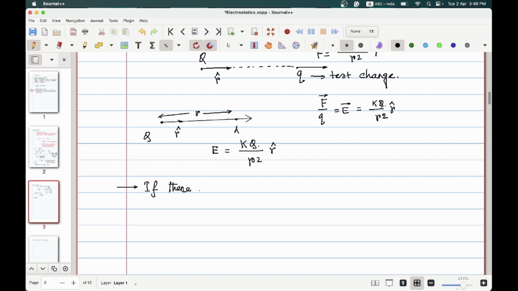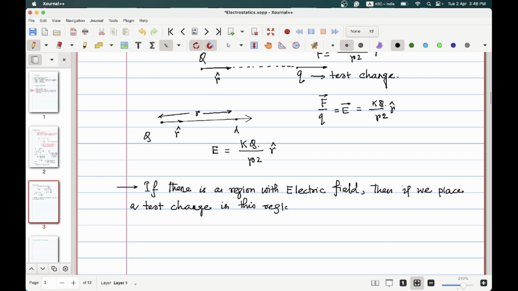If there is a region with a non-zero electric field, of course, if I'm writing electric field it should be non-zero, and we place a test charge in this region, the charge will experience an electrostatic force.